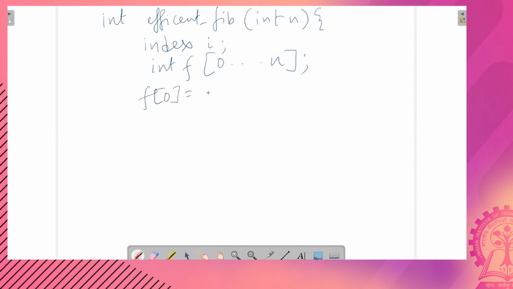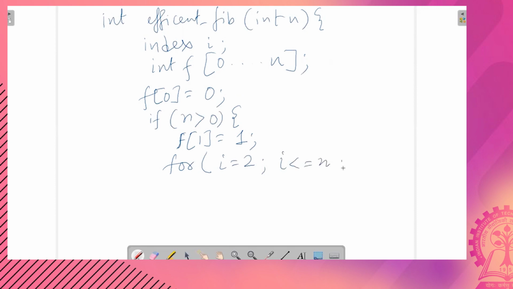Let us set f0 to 0, and if n is greater than 0, we set f1 to 1, and then for i equals 2, i less than or equal to n, i plus plus, fi equals fi minus 1 plus fi minus 2.